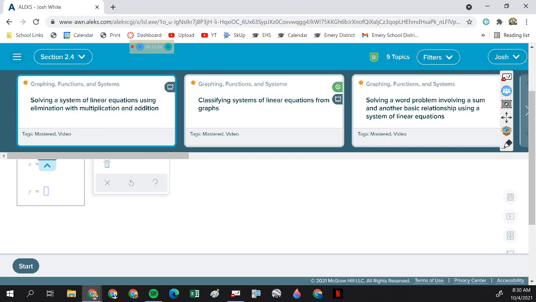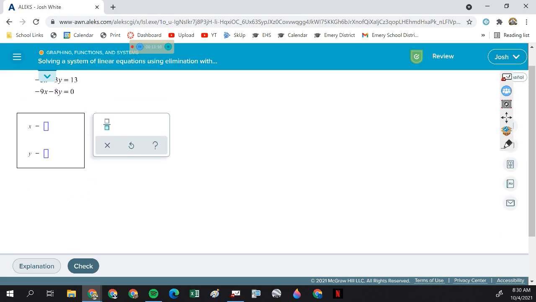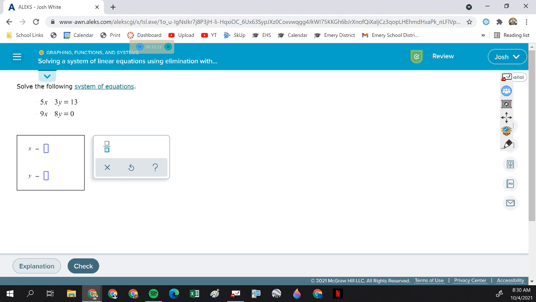And then the last problem. What do we need to do here to set it up for elimination? Yeah, so let's do the top by 9 and the bottom by -5.